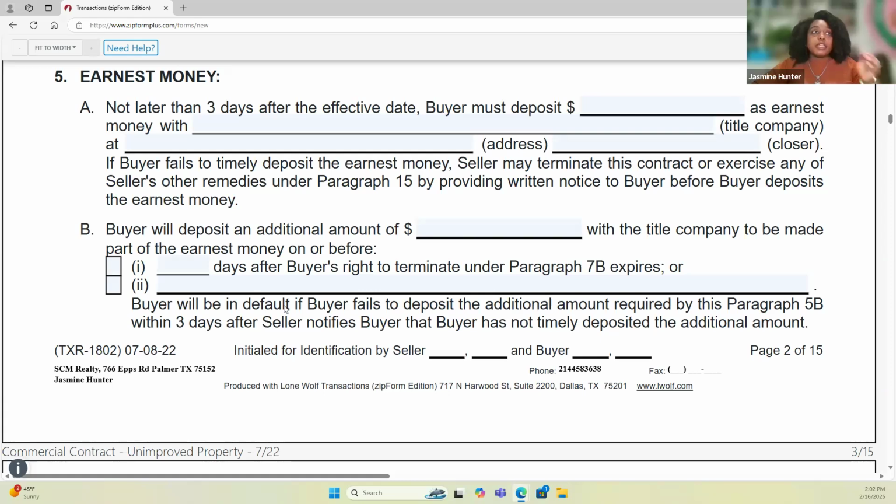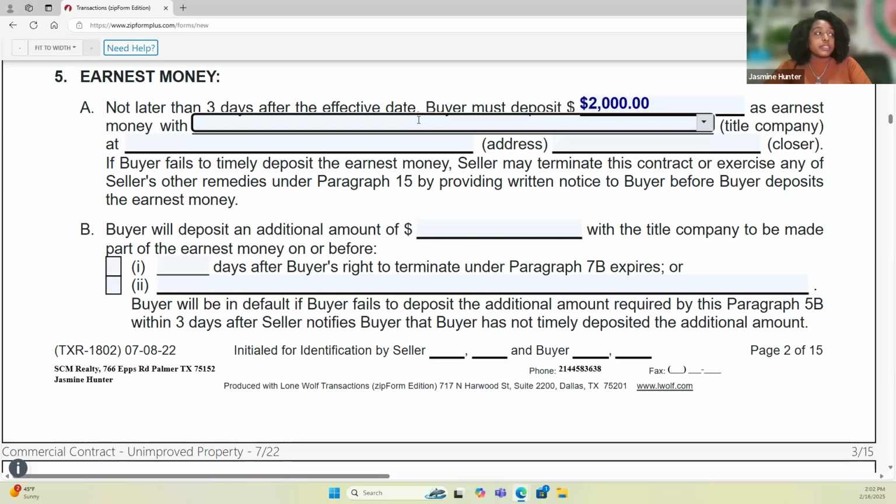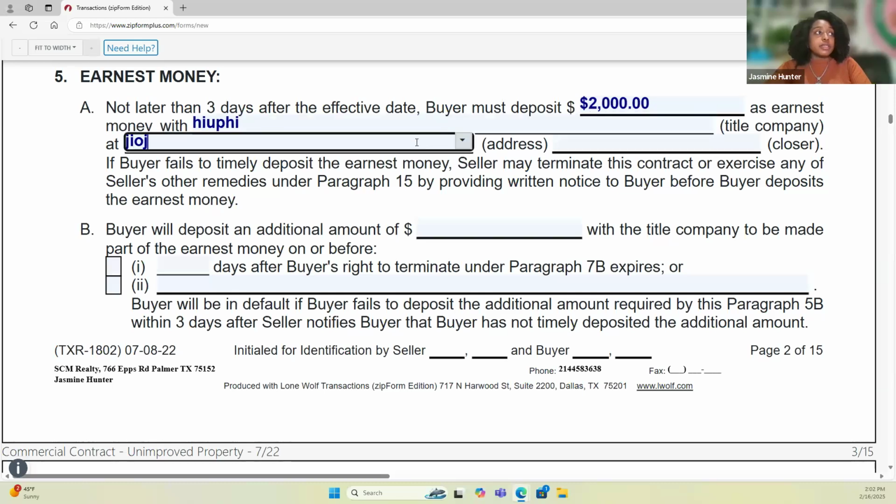So typically, let's just say the earnest money is going to be $5,000, but the person only has $2,000 cash right now, and they need to pull the other $3,000 from their 401k account. Then up here you would put that they have $2,000 now, and we're going to send it to this address in that state to this closer.